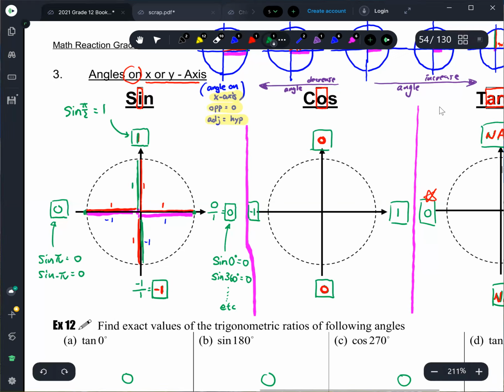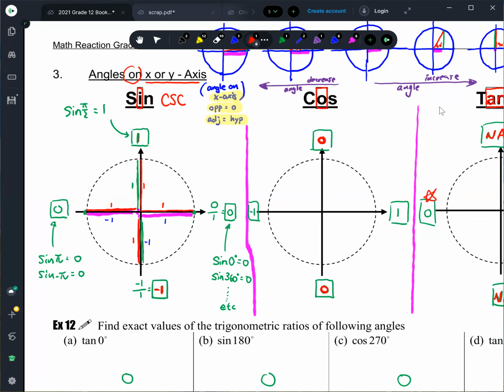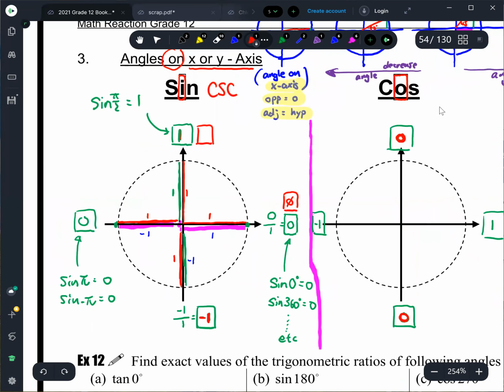Okay, so the reciprocal of sine is cosecant. So write cosecant, I'll use the red color. We are going to write the ratio for cosecant. It's the reciprocal of what we had before. Reciprocal means you flip it. So 0/1, if you flip it, will be undefined. So cosecant of 0 will be undefined.